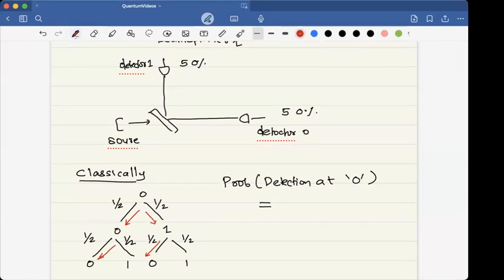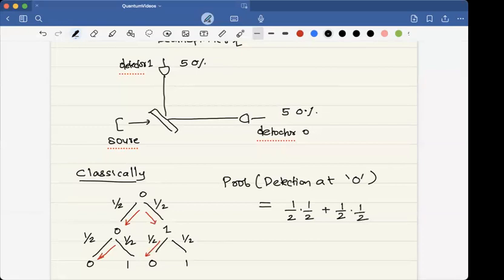Going from 0 to 0 and then again to 0, that is half times half, or going from 0 to 1 at the first beam splitter and then 1 to 0.